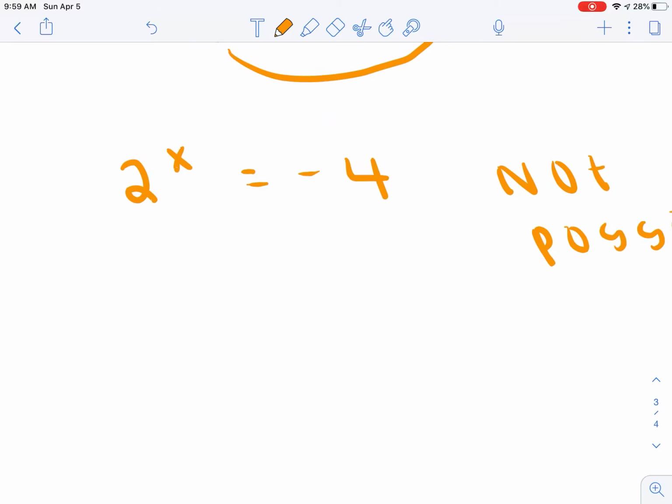Remember that if you have a base of 2, if you raise it to any positive value, it's not going to be negative. If you raise it to 0, it's going to be 1. If you raise it to negative exponents, it doesn't make the number negative. It just makes it the reciprocal.